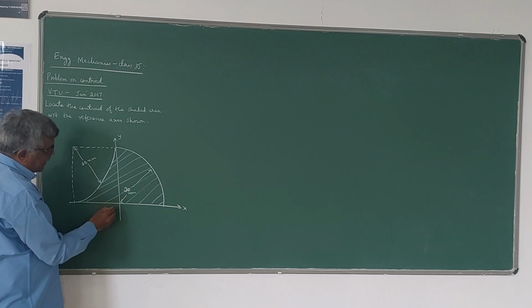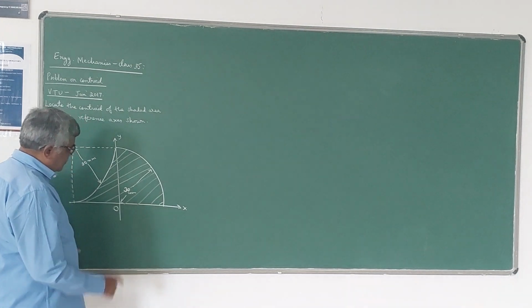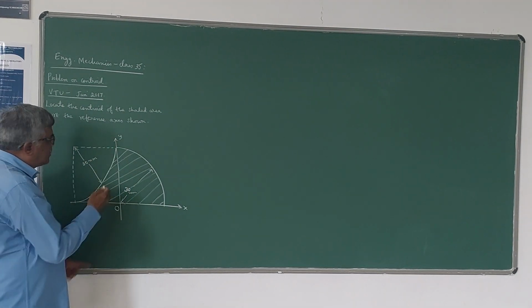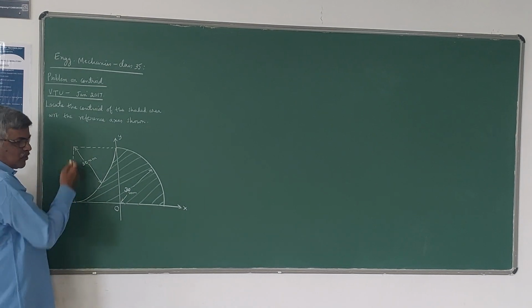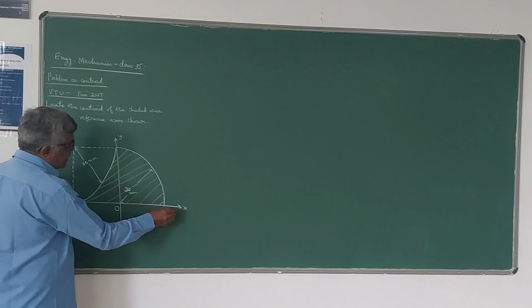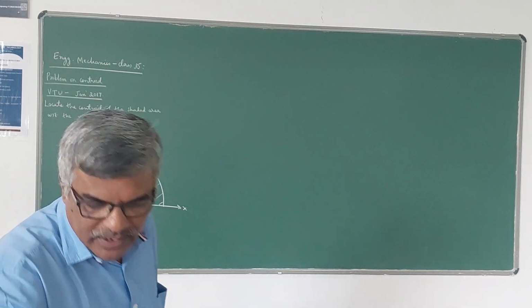If you observe clearly, he has already given the axis of reference. So this is x-axis and this is y-axis. Please note that y-axis is not given at the leftmost edge, it is given somewhere here. With respect to this x-axis and y-axis, we have to locate the centroid.